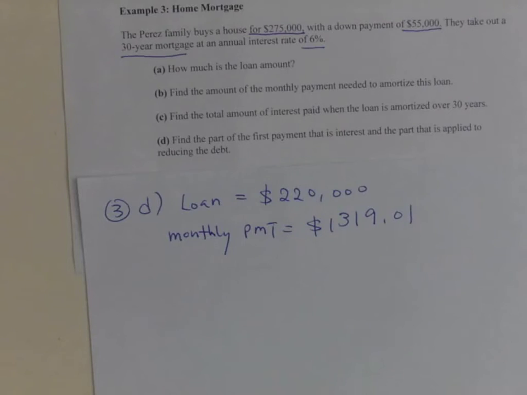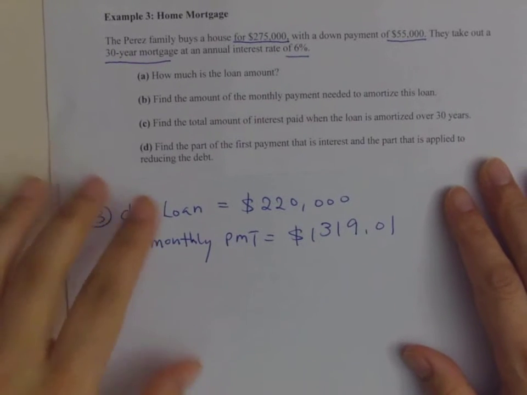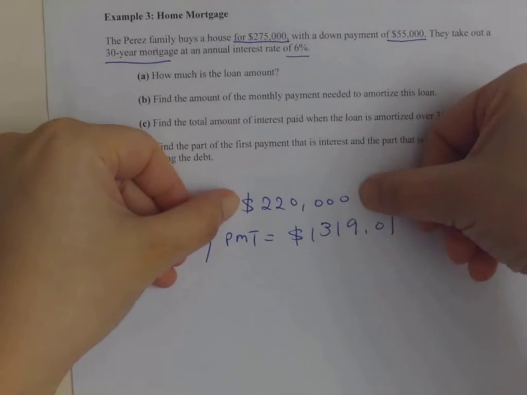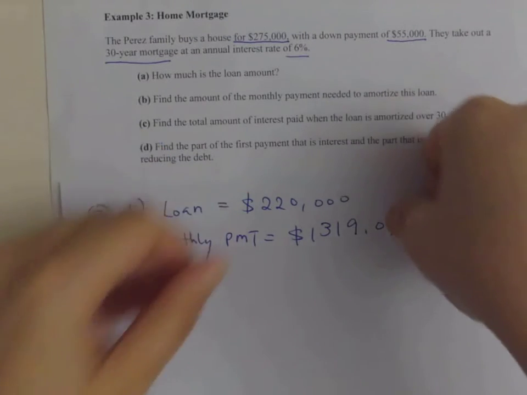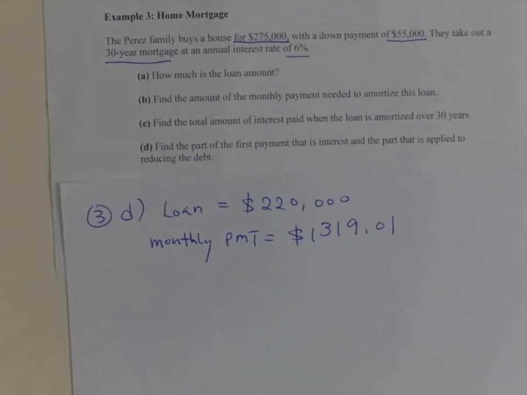When we finish that, you will probably be a little bit surprised. You're calculating interest out of this big amount of money, so your interest would be the majority of the payment. But toward the end of the loan, whatever you put in the monthly payment is going to be mostly reducing the balance.